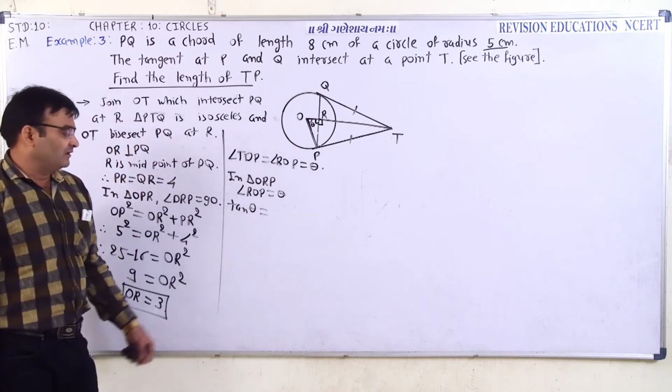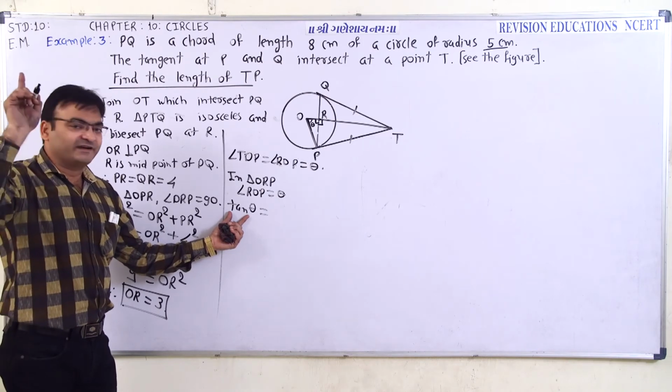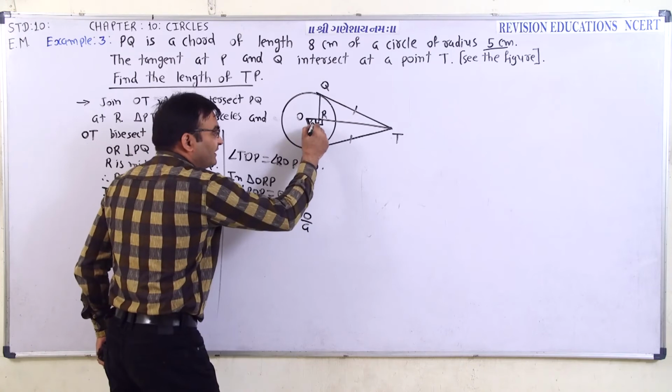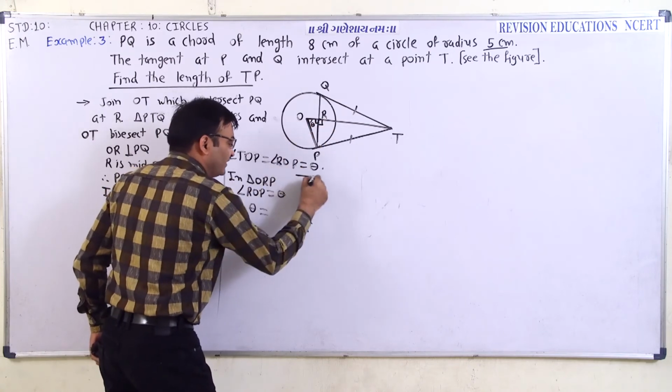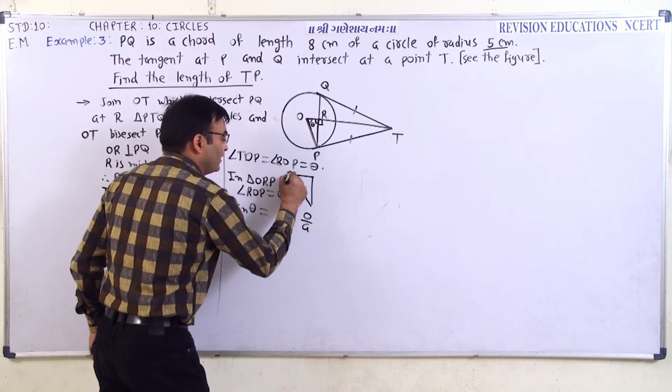Now remember, children, tan means opposite of theta upon adjacent. I take this triangle here, ORP.